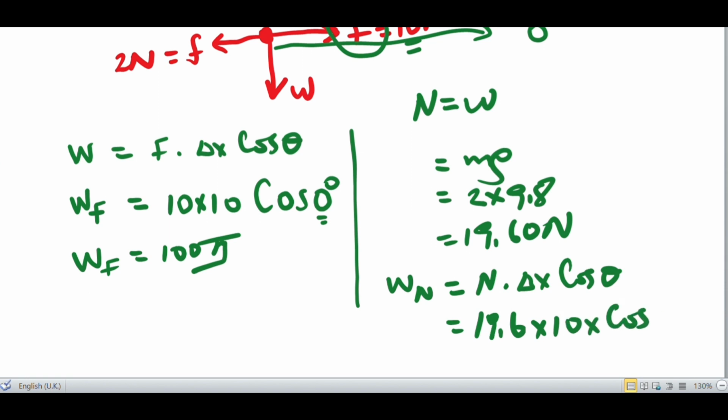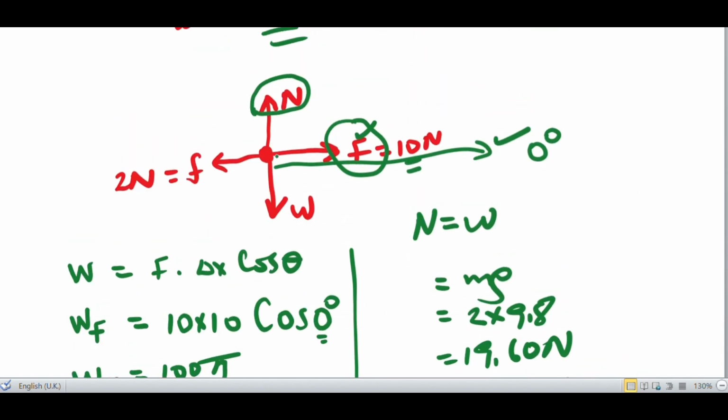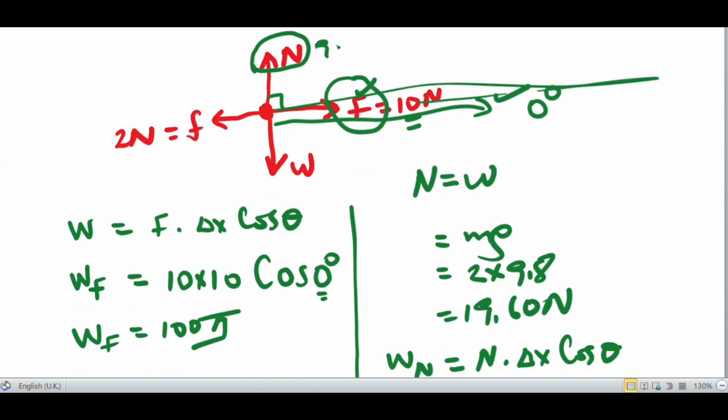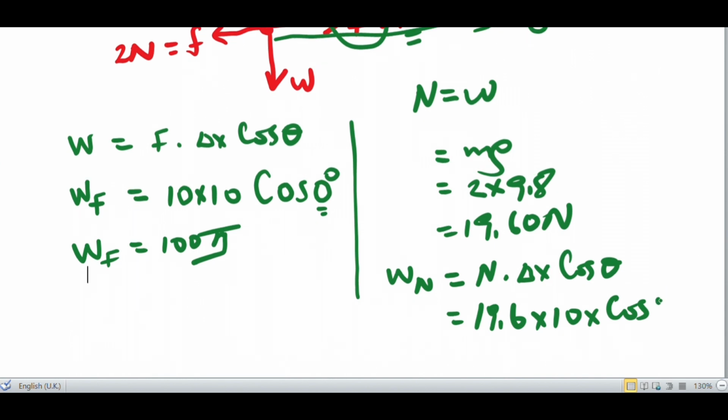The motion of the object is horizontal and the normal force is vertical, therefore the angle is 90 degrees.